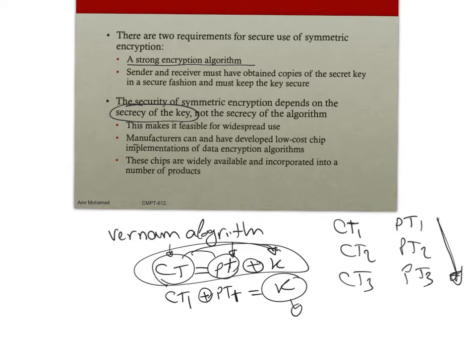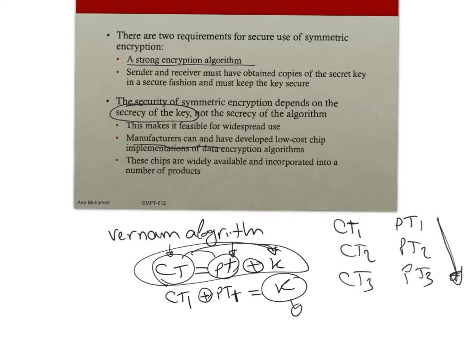Not only that, manufacturers can manufacture hardware to optimize the encryption algorithm. They can produce chips that optimize the operation of encryption and decryption, because it's public, and they know that once they manufacture this hardware, it will be used by everyone around the world. They are not making this chip proprietary and exclusively used by one or two organizations.